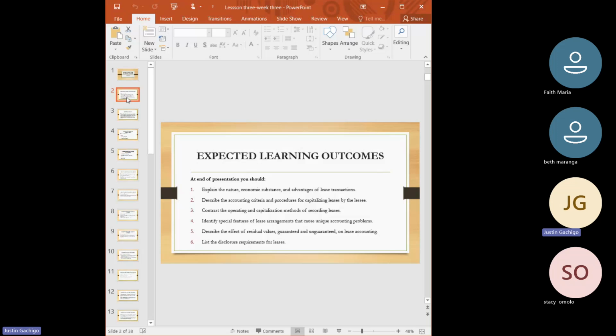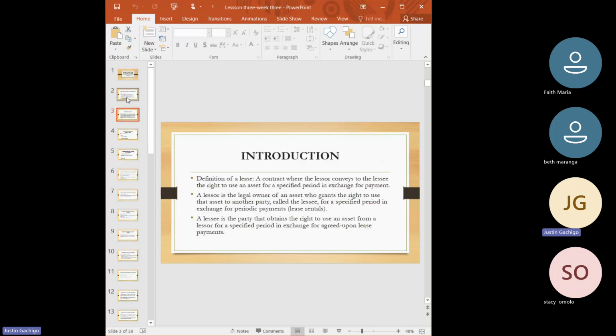You should be able to identify the special features of lease arrangements that cause unique accounting problems, and describe the effect of residual value, guaranteed and unguaranteed, on lease accounting. And finally, you should be able to list the disclosure requirements of leases, among other things that we'll interact with in the course of this presentation.